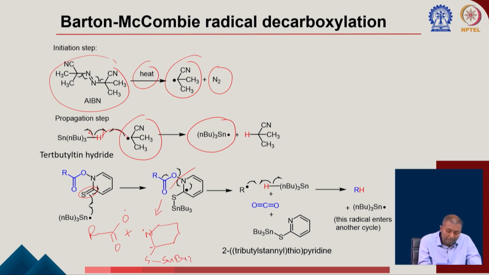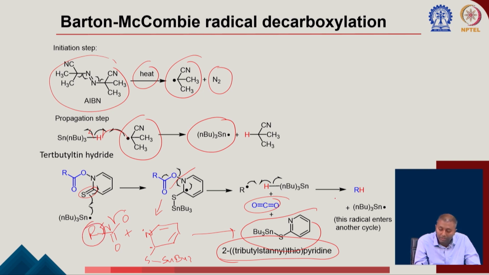So there is a dot here, and finally they are forming a bond to generate the corresponding compound, 2-tributylstannyl thiopyridine. Then this one is going to go for a decarboxylation to get rid of the CO2 to generate an R dot. This R dot will abstract a hydrogen from the tributyltin hydride to generate this RH. Okay.